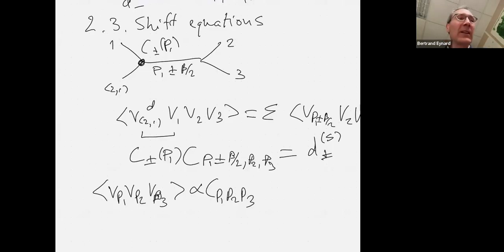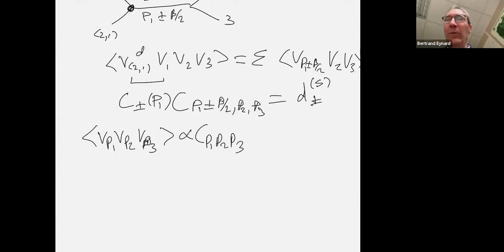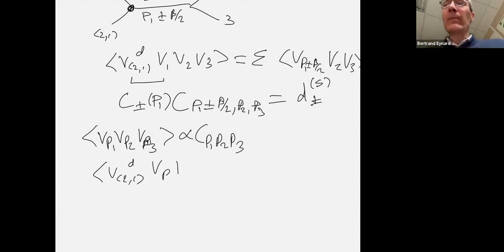But still, it would be nice to determine them if we really want to determine the general answer for C(P1, P2, P3). To do that, we can consider a special case of our equations by focusing on a four-point function of the type V_{2,1} degenerate, V_P, V_{2,1} degenerate again, V_P again. So here we consider a very particular four-point function with two degenerate fields and twice the same primary field.